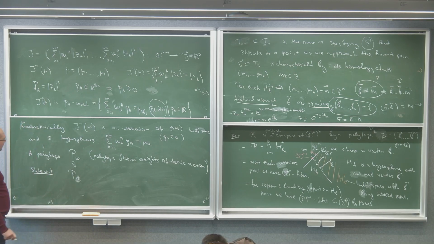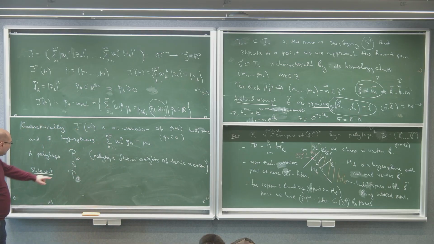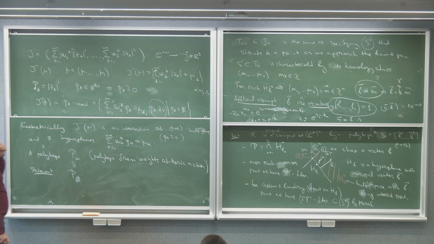That if we construct this polytope from weights, then it will be the same as the polytope for this vector B. So that gives us a construction of how to get a polytope picture from symplectic reduction.